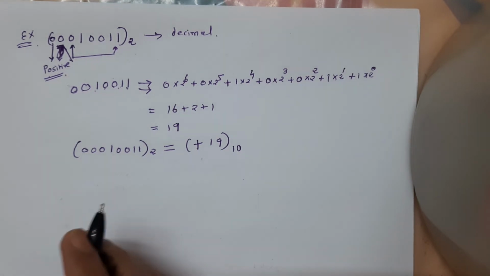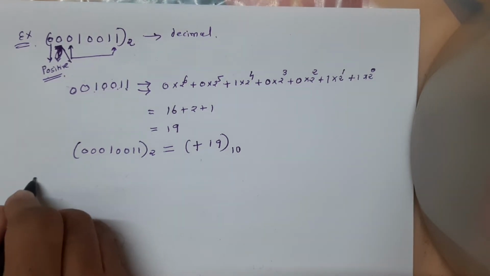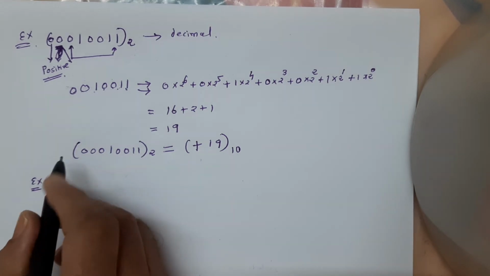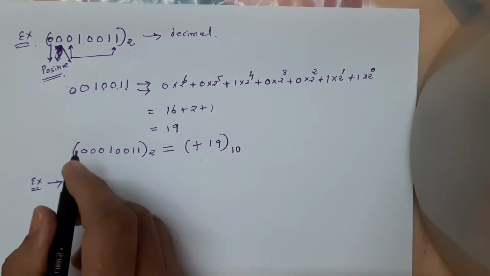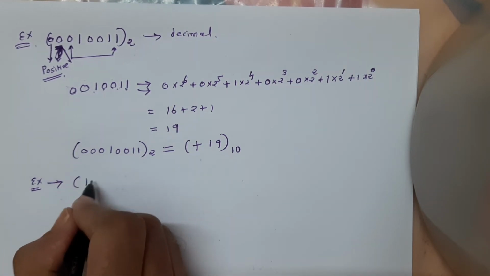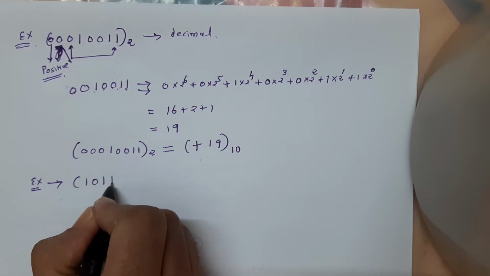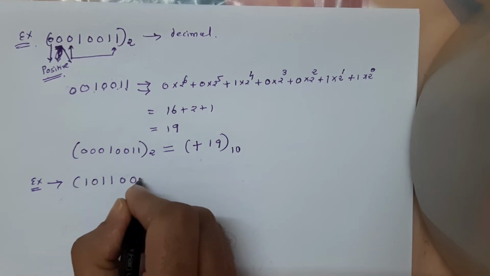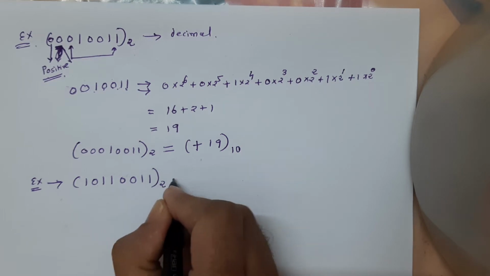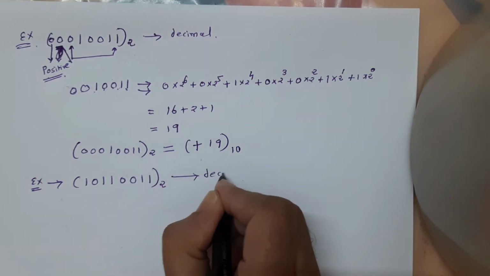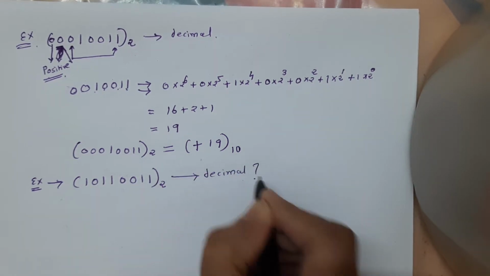Next example, we will take the next example. The example is 10110011 binary. Convert it into decimal form.